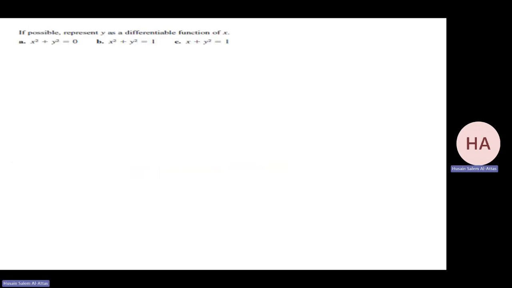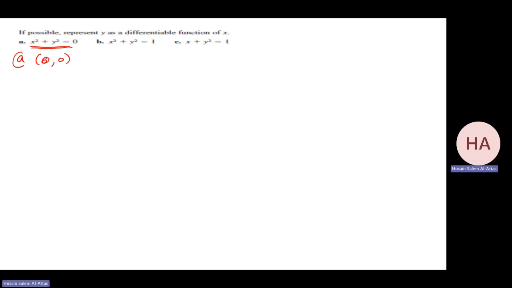Present y as a differentiable function of x. I want to represent y as a differentiable function of x for these cases. Notice for a, what is this? It's only a point.